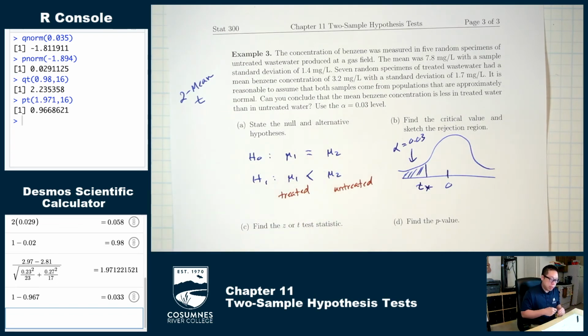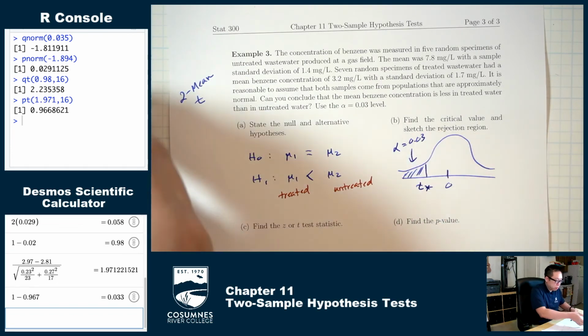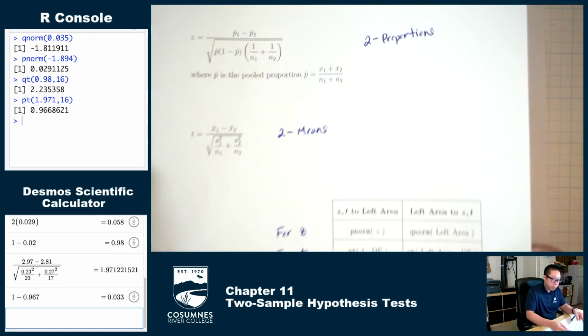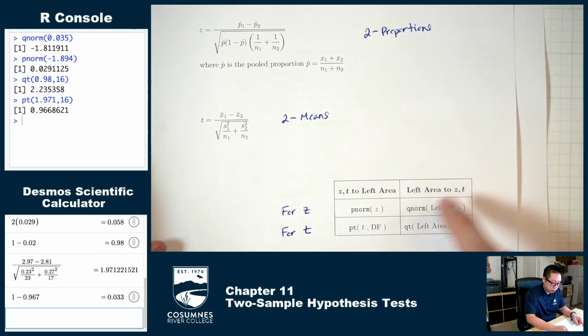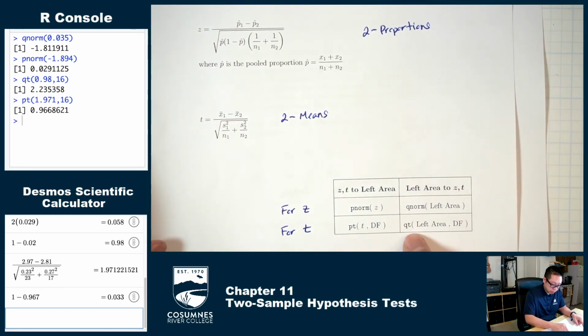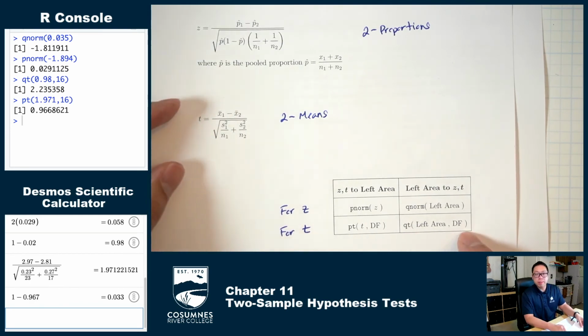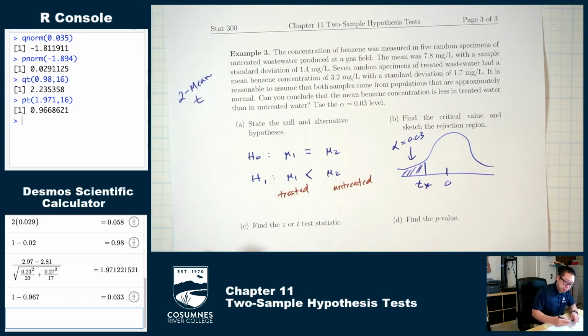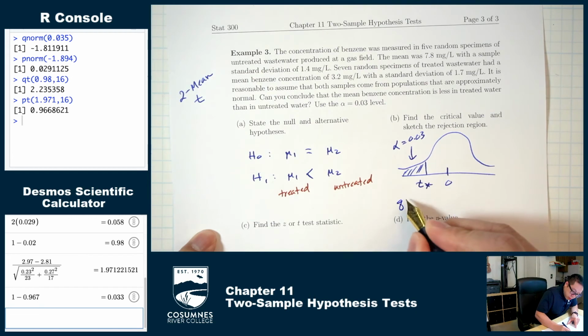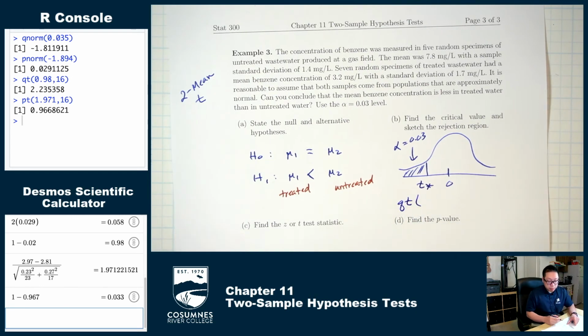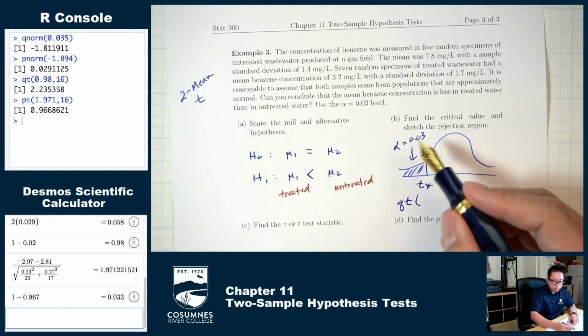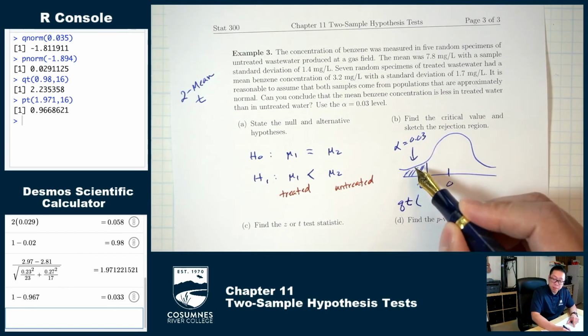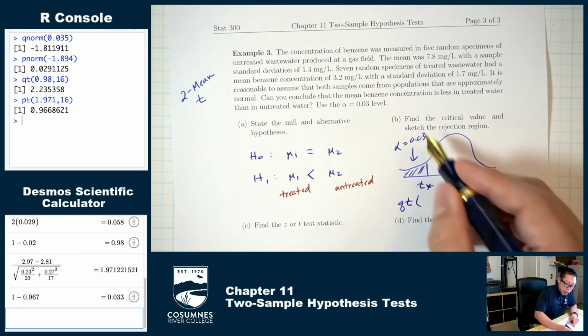And this is an area to T question. Area to T for a T situation is going to be QT, left area, df. So we're going to do QT, left area. 0.03 is the left shaded area, so we don't have to do anything to it here.